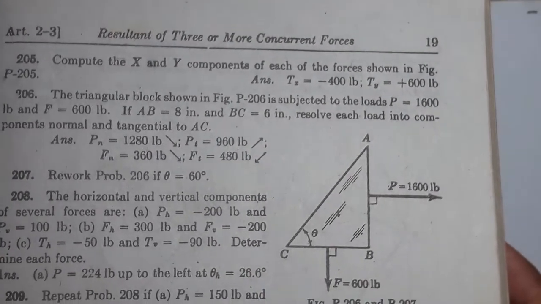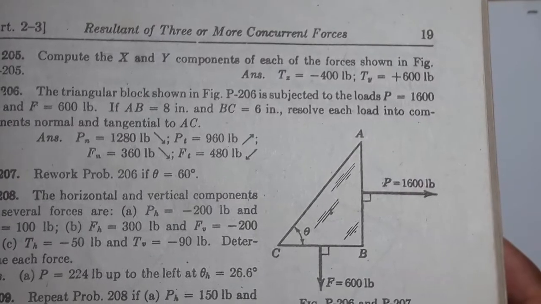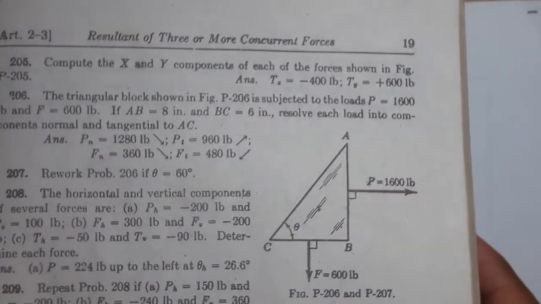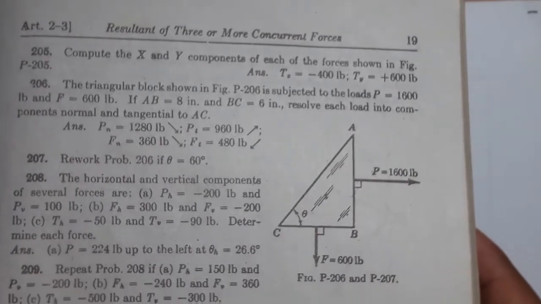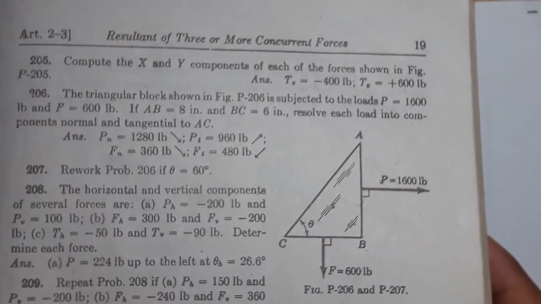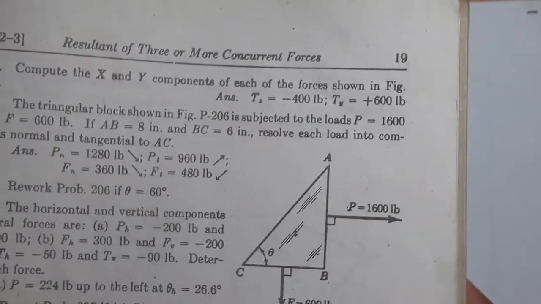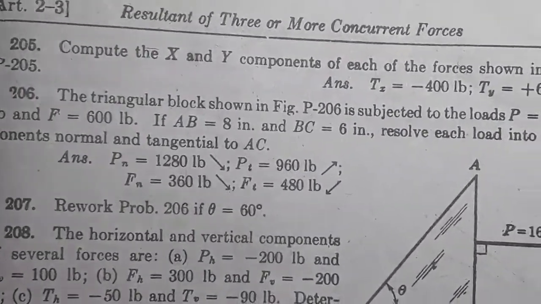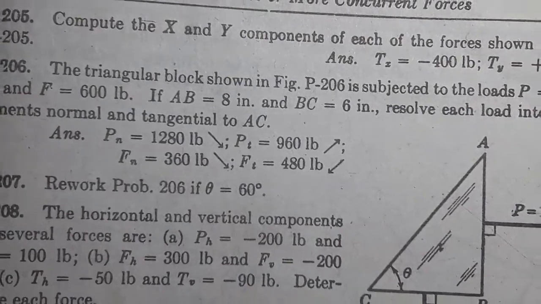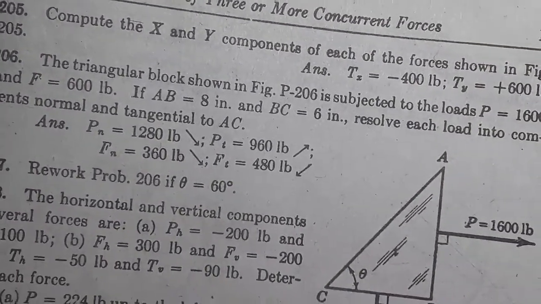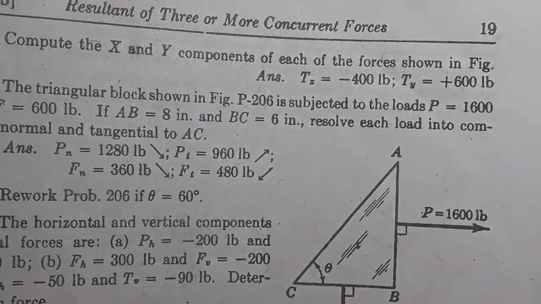If AB is equal to 8 inches and BC is equal to 6 inches, resolve each load into components normal and tangential to AC. The answer is already given, so I want to show you how to get those answers.